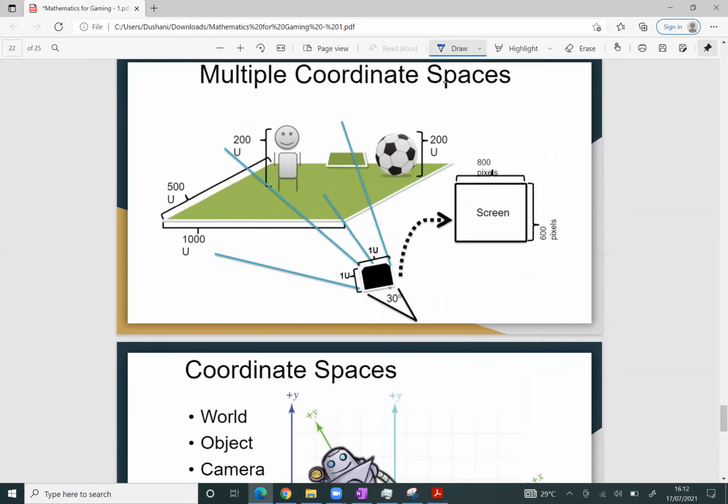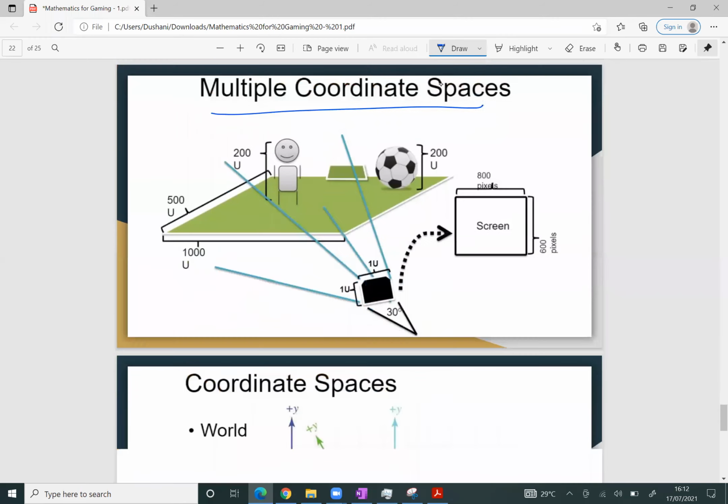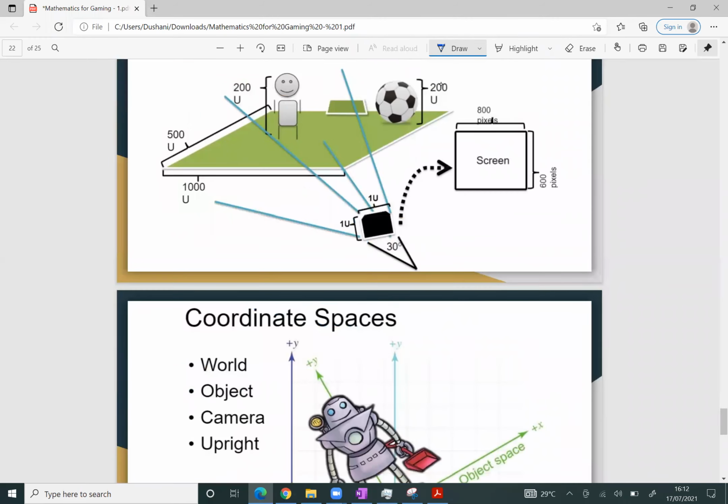Moreover, you can have multiple coordinate spaces, which we'll be talking about descriptively in the next couple of lectures. The coordinate space maps different coordinate systems, and just by multiplying a vertex by a particular matrix, you can convert the vertex into a different space.